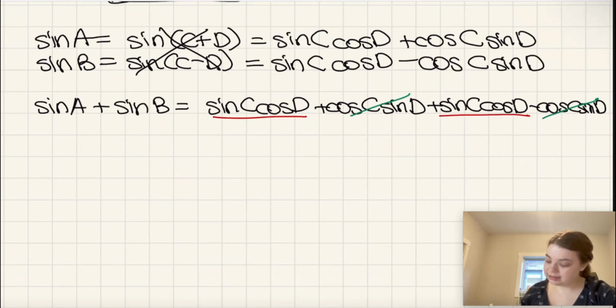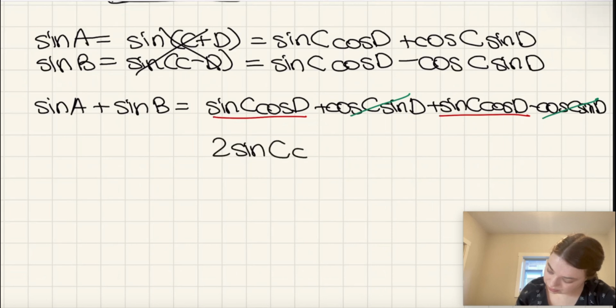If we have sine C cos D added to itself, that is the same as 2 sine C cos D, and that's going to be equal to sine A plus sine B.